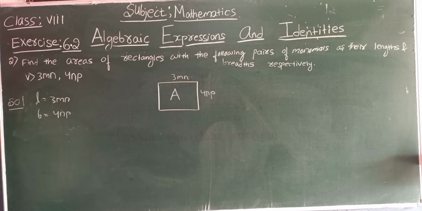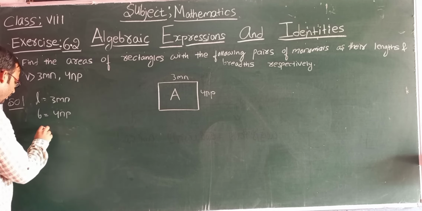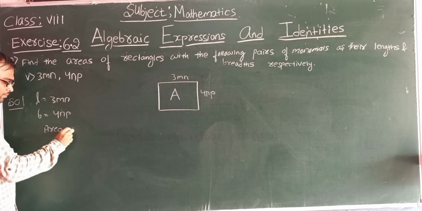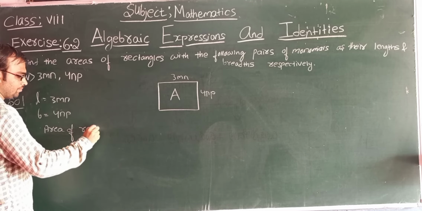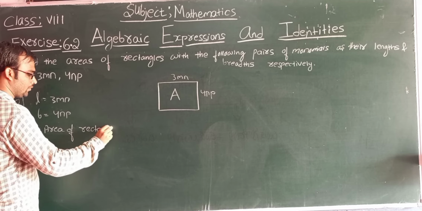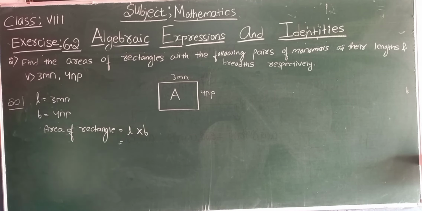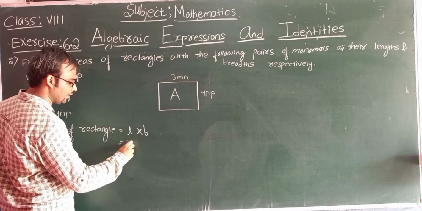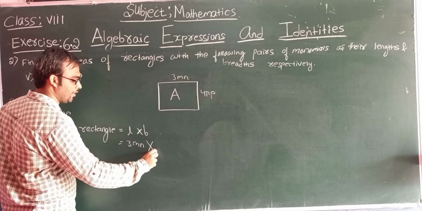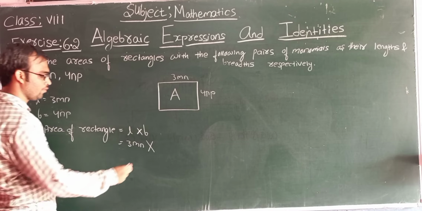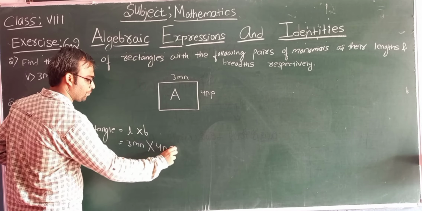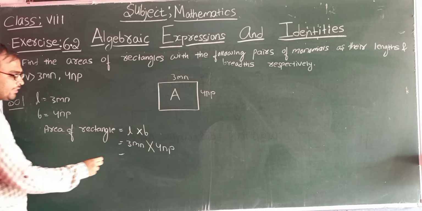Now what we need to find is the area. Area of rectangle is equal to L into B. L is 3mn into B is 4np. So we can rewrite these, students.